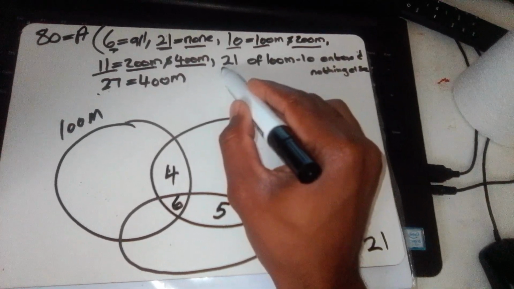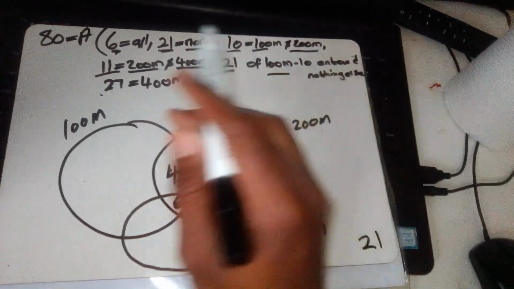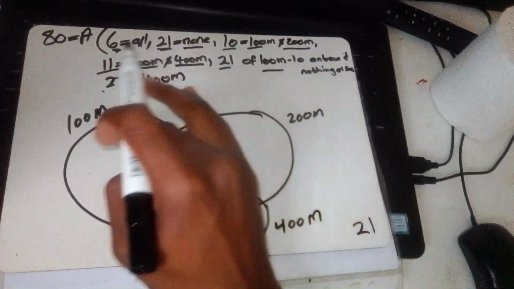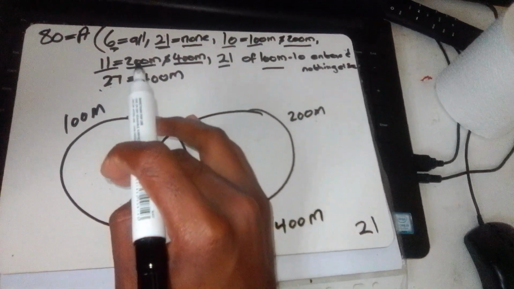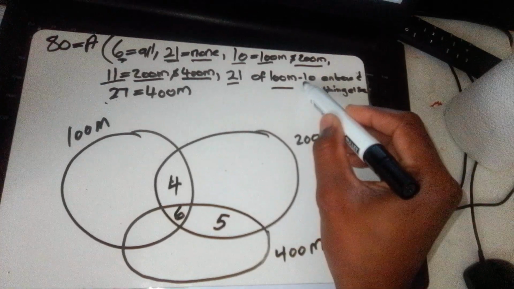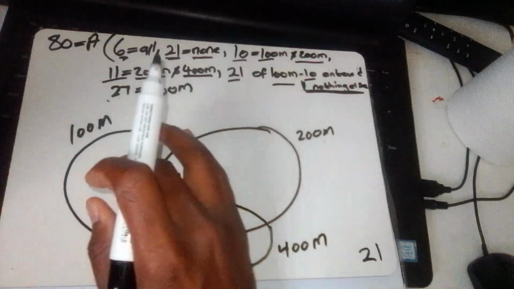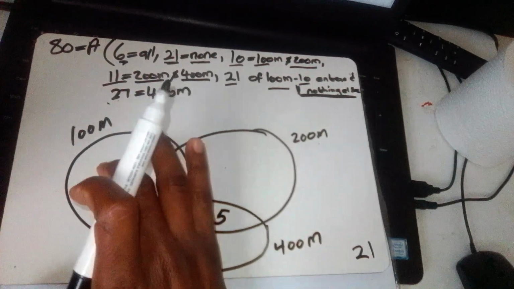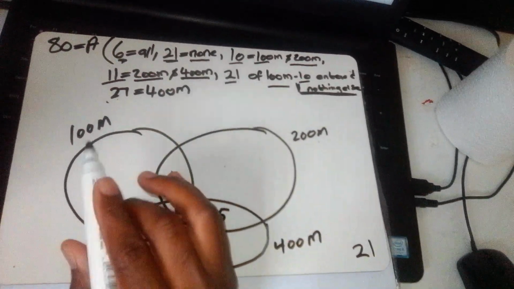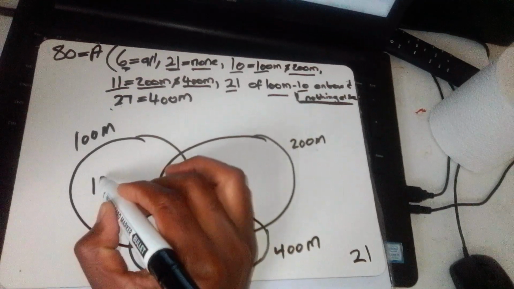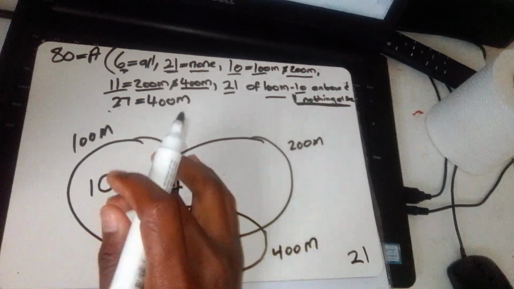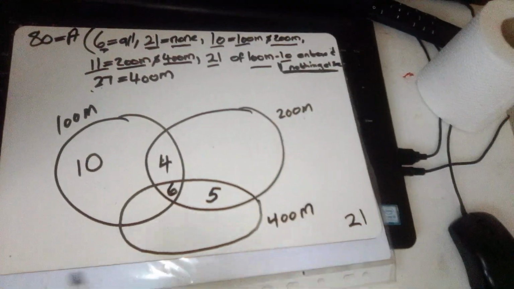And they say of the 21 who entered 100, 10 entered nothing else. So this 10 entered the event for 100 meters only, which is self-explanatory, so we write it here.